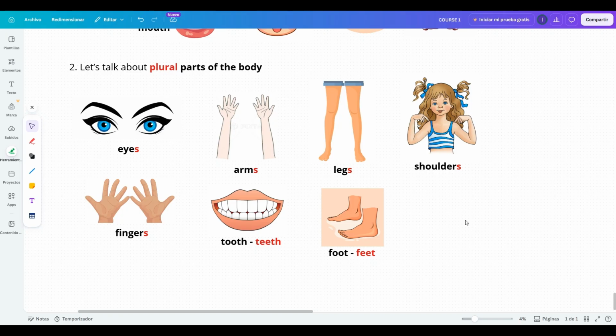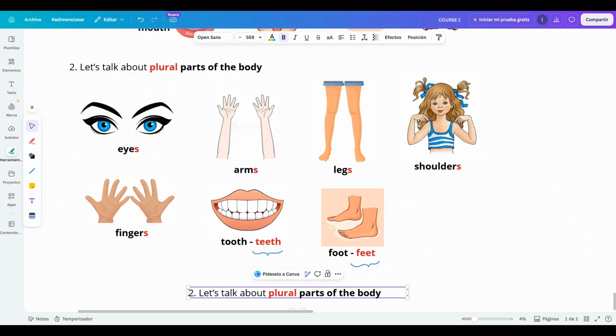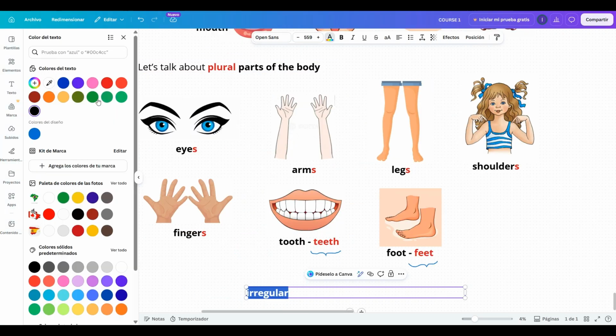Foot, feet. Eyes, arms, legs, shoulders. Finger, fingers, tooth, teeth. But you say, why, teacher? Because these are irregular, right? Don't forget, these are irregular plural nouns.